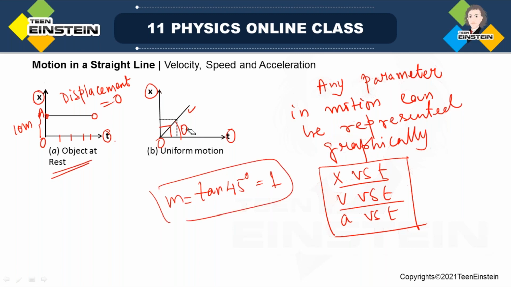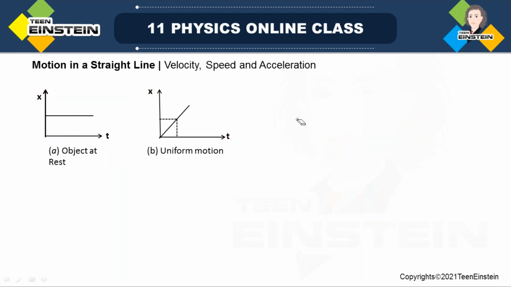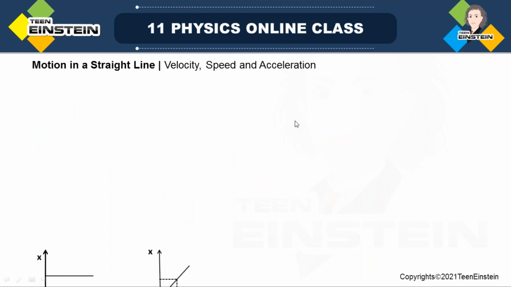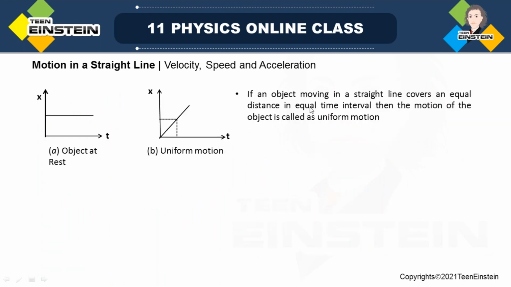So this means the object in motion is moving an equal distance in equal time interval. So what does this signify?